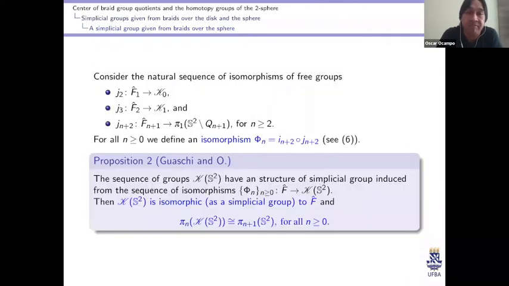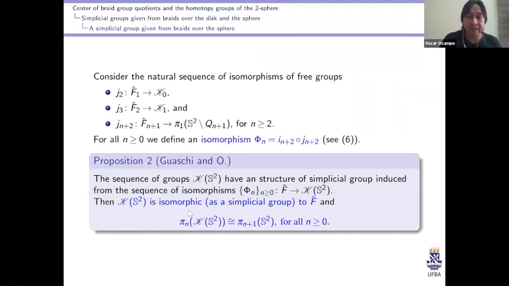So this is very natural to have this second proposition using the simplicial group F hat. We induce a simplicial structure on the sequence of groups K of S2. Of course, because F hat is isomorphic as a simplicial group to the Milnor free group construction of the simplicial sphere S1, we obtain this isomorphism of Pn of K of S2 with Pn+1 of S2.